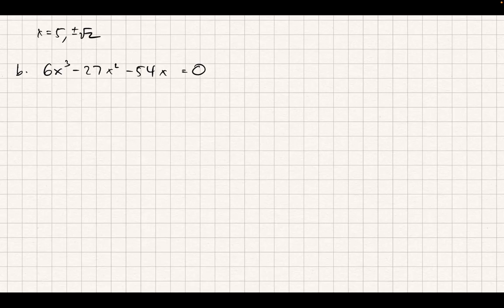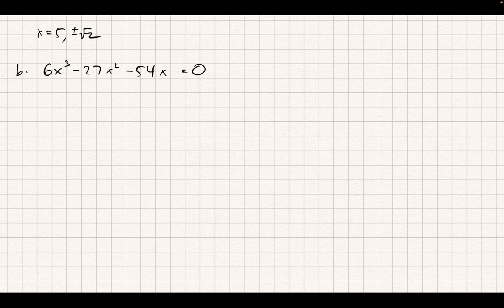The way I started it was by taking a common factor with the entire thing. I thought at first of trying to split the middle term like we've done before. First of all, do we have any common factors?